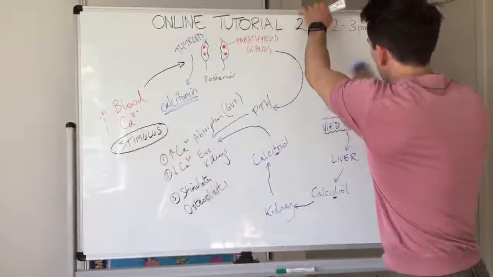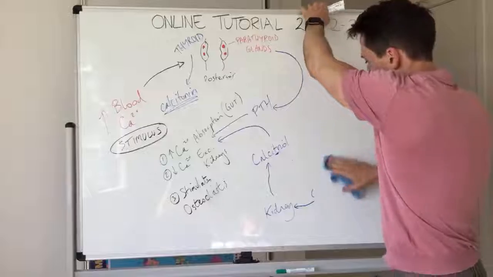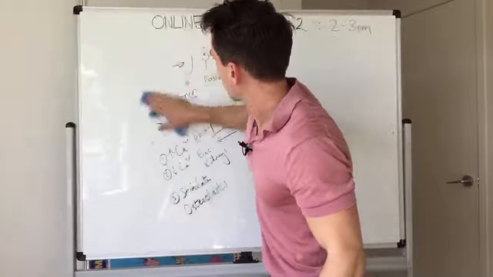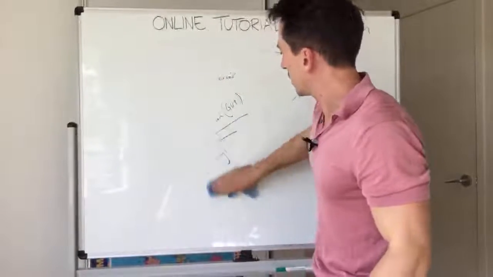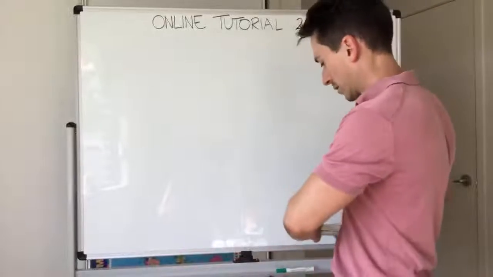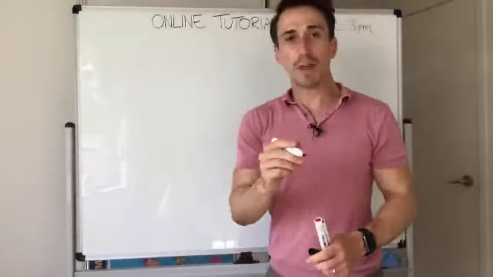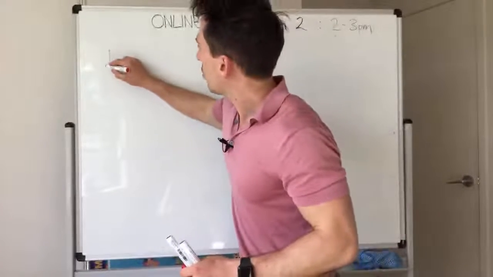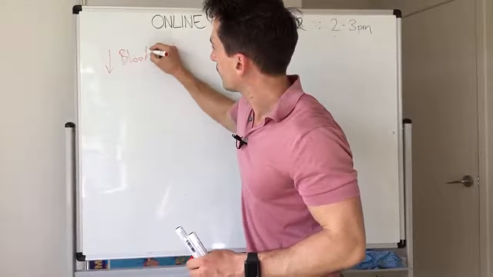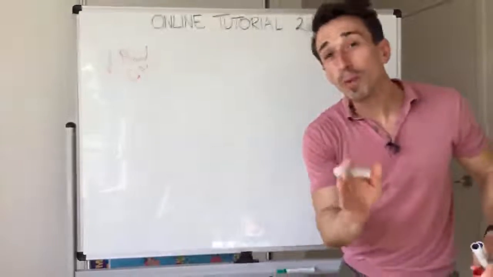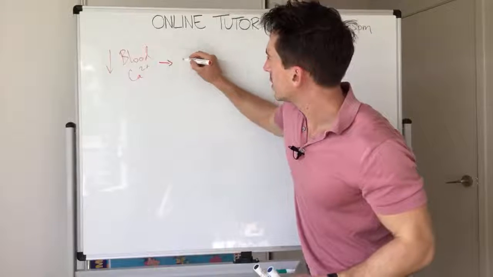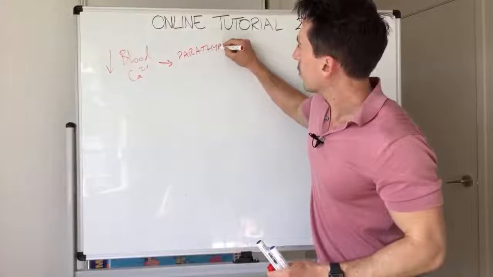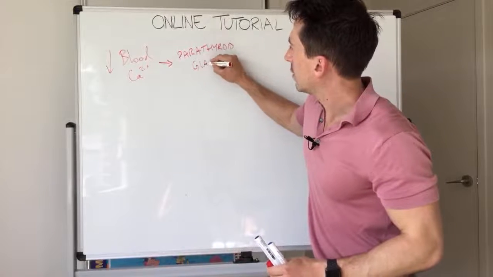If we were to summarize calcium homeostasis, this is how I would summarize it. If there is a drop in blood calcium, this then stimulates the parathyroid gland.